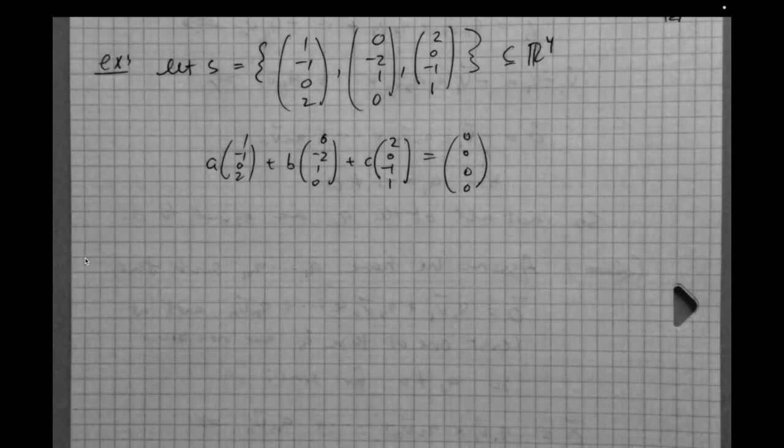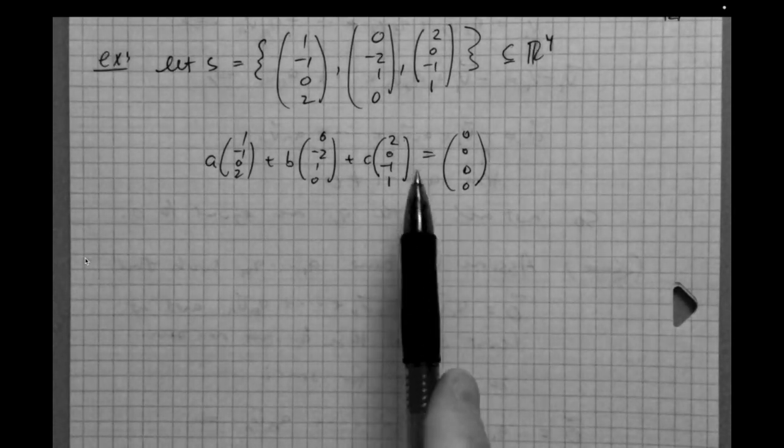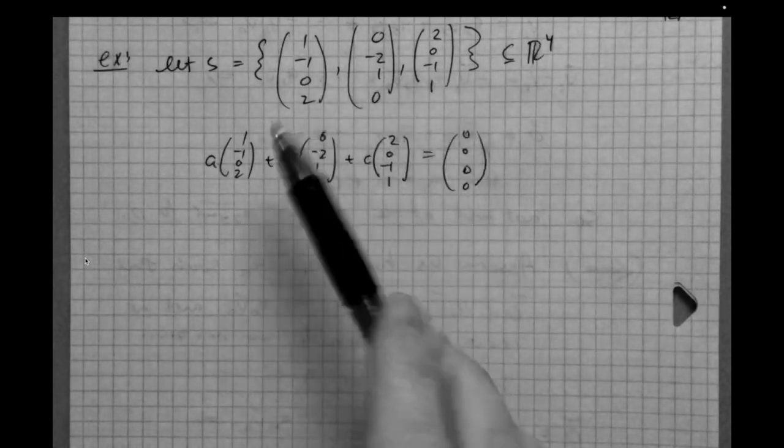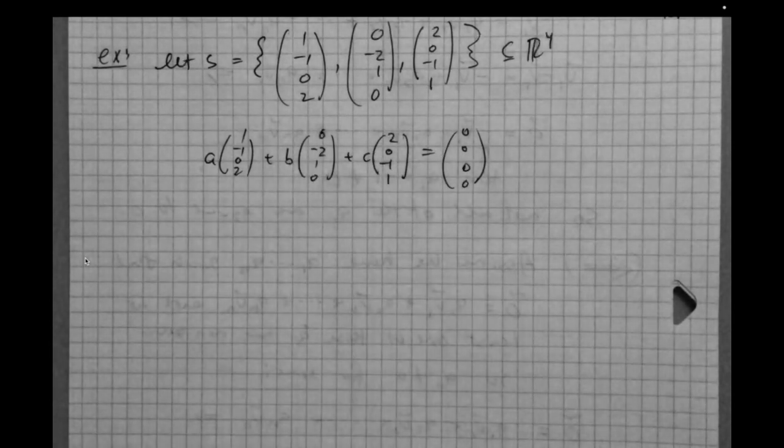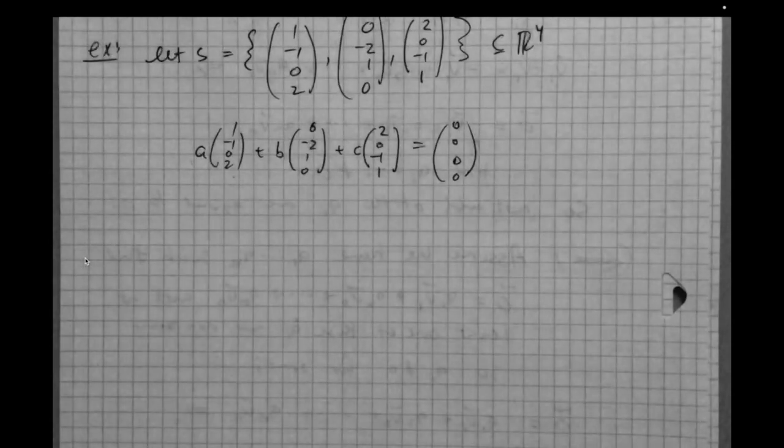Okay. Right, and so what we'd like to be able to do is test for linear independence by using this idea that A, B, and C have to be 0. That this equation here implies that A, B, and C in this case must be 0 in order for S to be linearly independent.